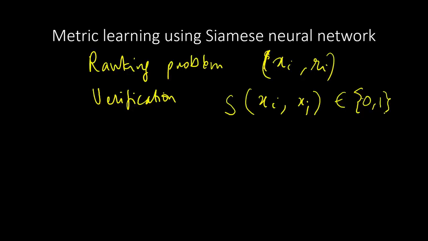An example application could be face verification, where an organization gives access based on face biometrics, and the number of people in the organization keeps changing every day or every week.